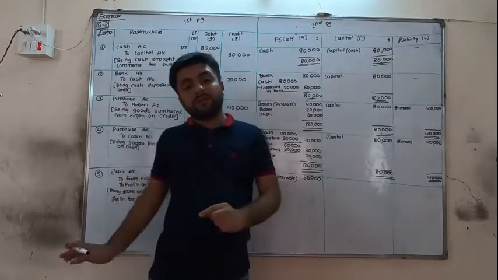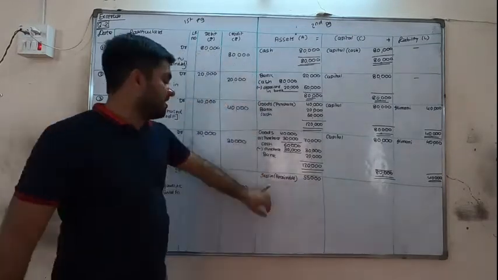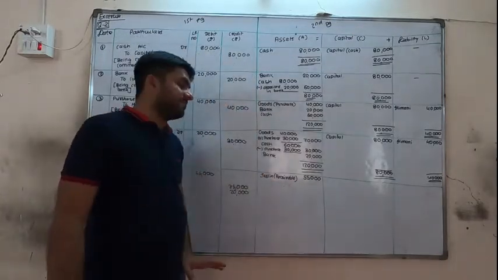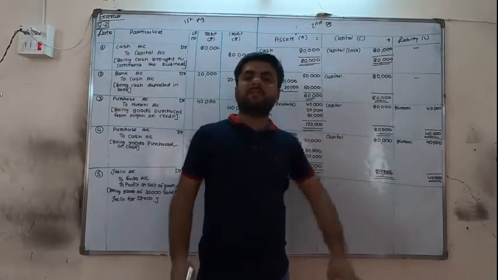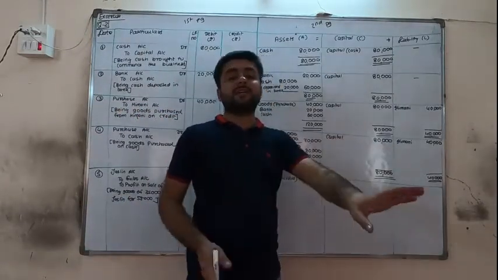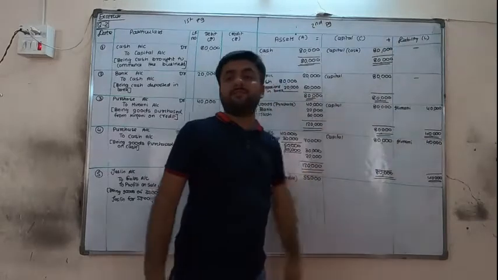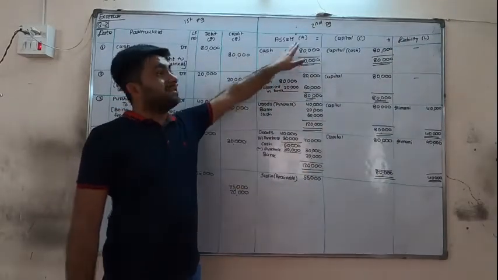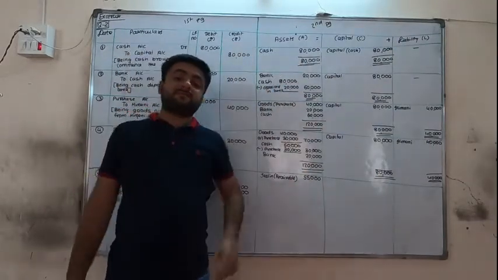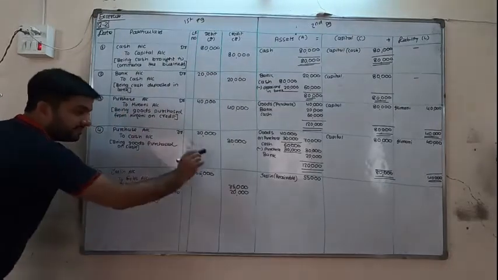Because we have sold the goods, we have to receive in future, so Jocelyn receivable 55,000. Here we are not writing payable because we know that if we have purchased the goods and have to pay in future, that is liability, but if we have to receive in future, you remember that is our asset. Okay, so Jocelyn's effect is given.